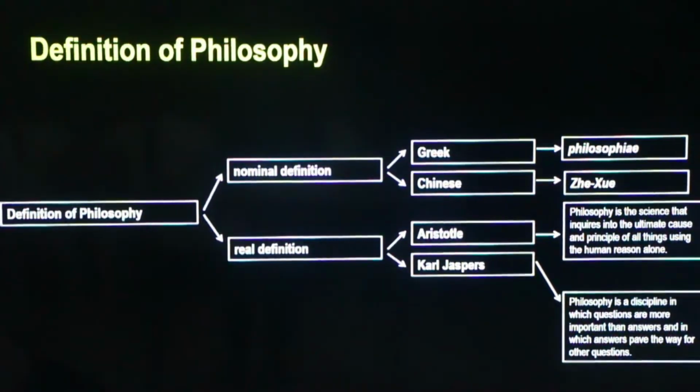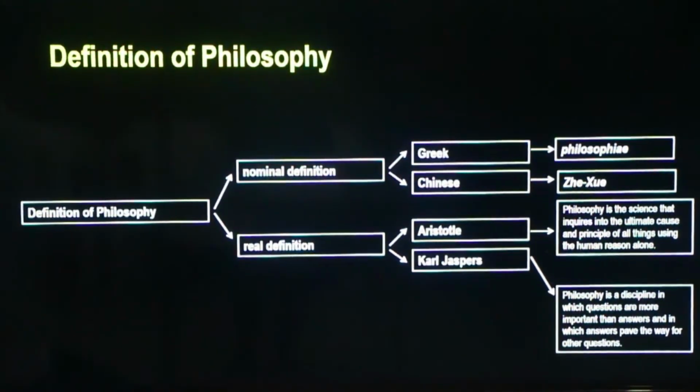Now, when we say nominal definition, we are looking at the literal structure or the etymology of a term from the root word nomen, which means name. So we will try to analyze the literal structure or the literal origin of the term philosophy. Specifically, we look at the Greek translation of the word philosophy and its Chinese equivalent.